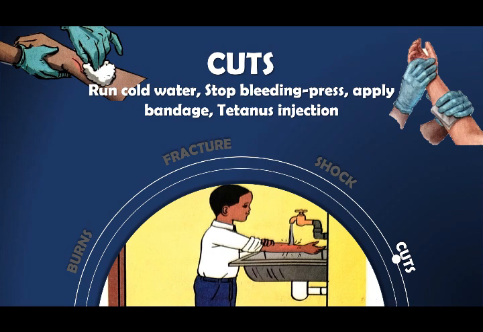Wash the injured part. This helps kill the germs around the wound. Stop bleeding by applying gentle pressure with a clean bandage. I repeat, clean bandage or a cloth, and elevate the wound until the bleeding stops.